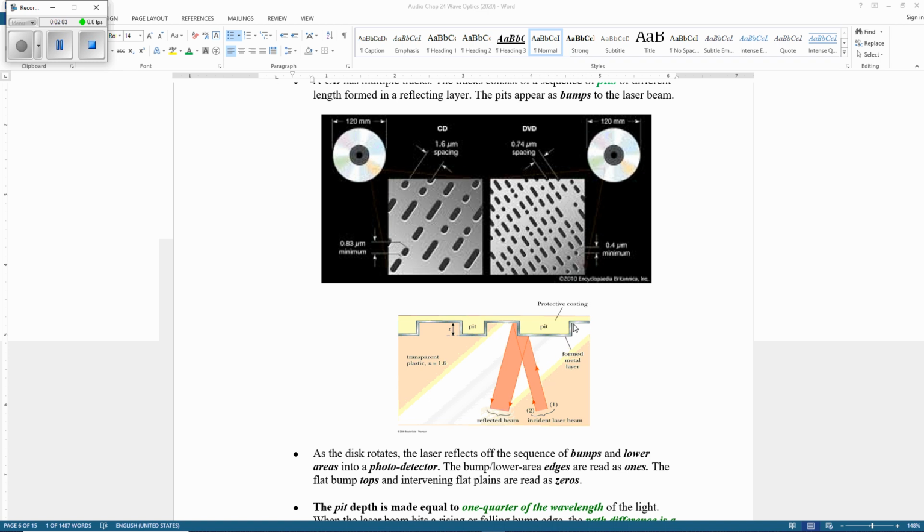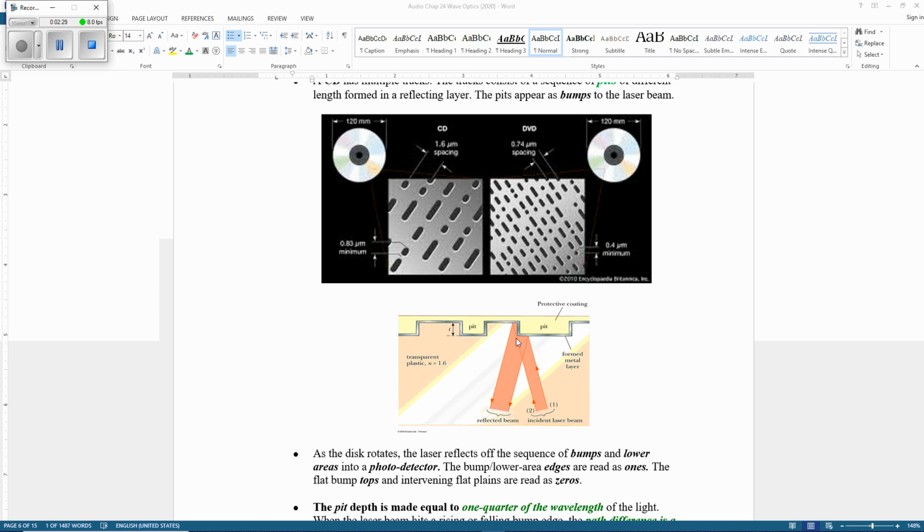Okay, now let's say this part is rotating this way and the laser beam is fixed. At this moment, half of the beam reflects from here and half reflects from the low part. So now see the difference.